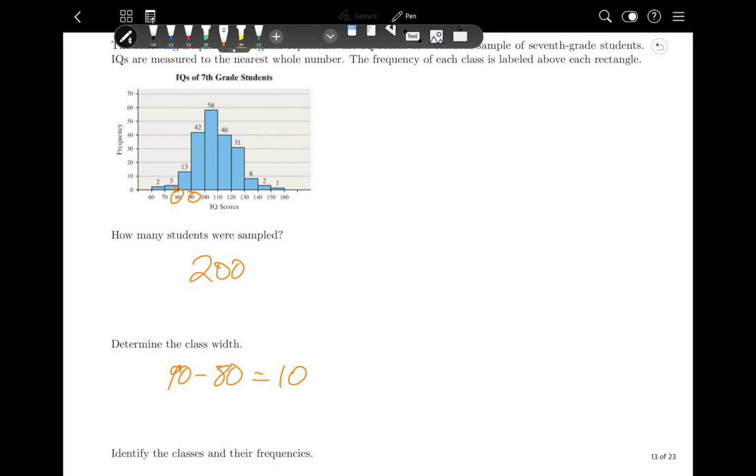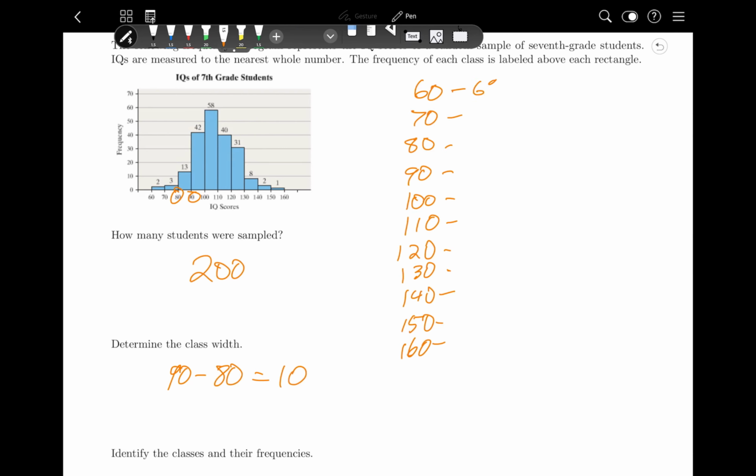So the classes, once again, we can write the lower class limits. And then the upper class limits are the highest thing that fits into each group. So IQs come in whole numbers only. So the biggest whole number that's less than 70 is 69.